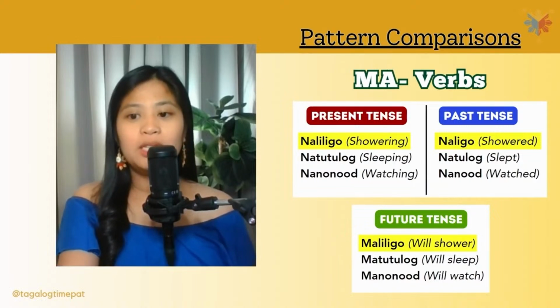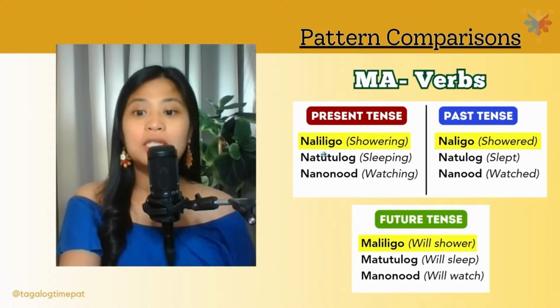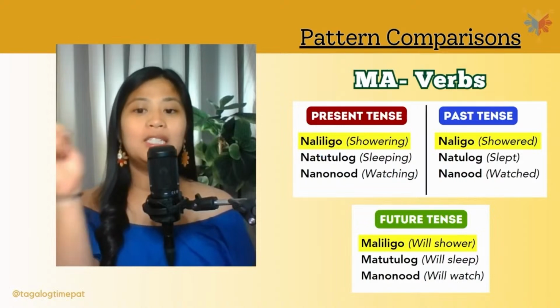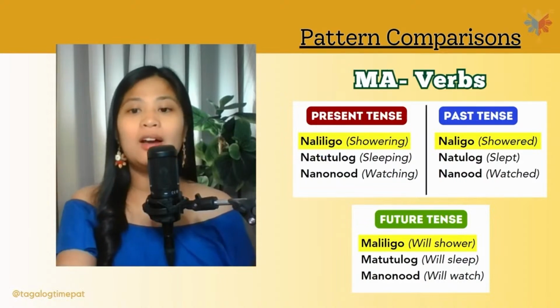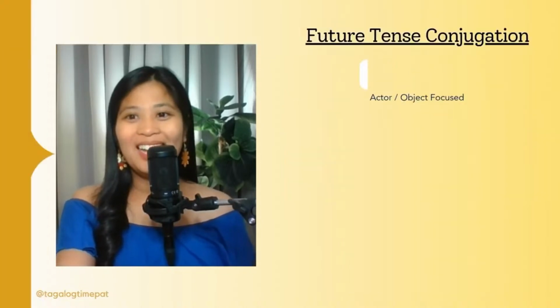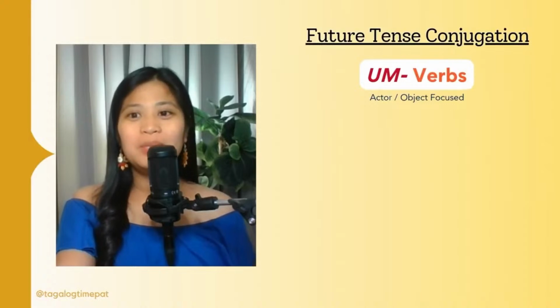I will take a shower. Again, for ma-verbs, it's a very similar pattern for present and future tense conjugation. The only difference is that first letter. But they both have that repeated first syllable. So again, try to listen carefully or try to rely on the context clues so that you can figure out what they're talking about. Okay, next, verbs.